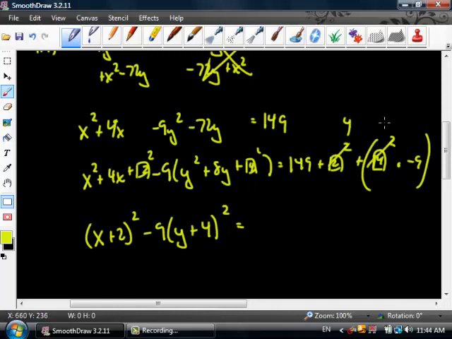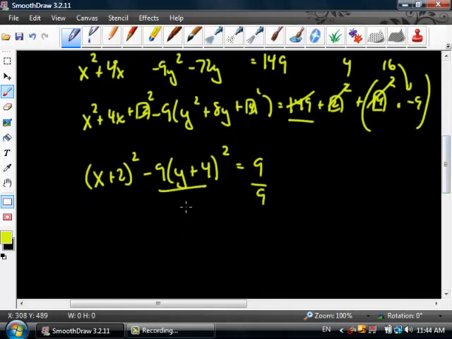That's 16. 16 times 9 is negative 144. So 149 minus 144 is 5. Plus 4 is going to give me 9.